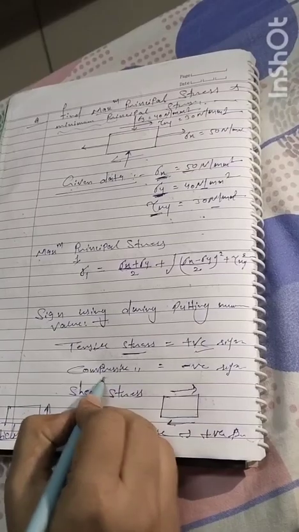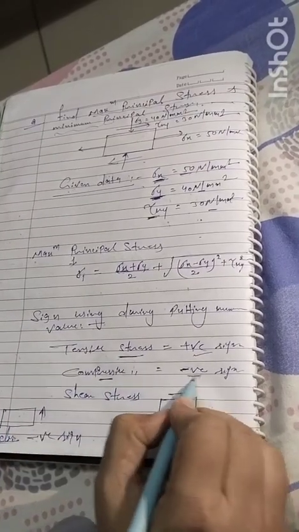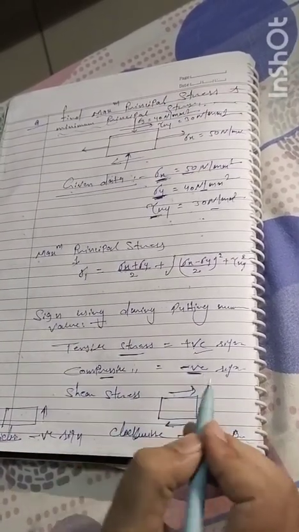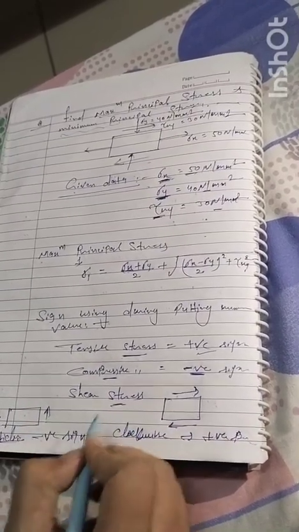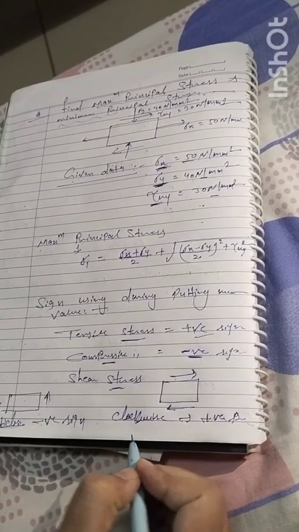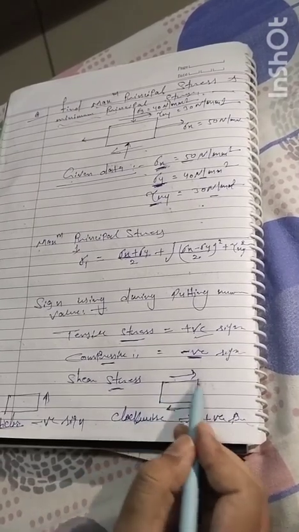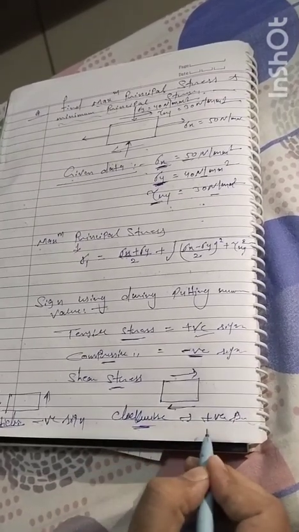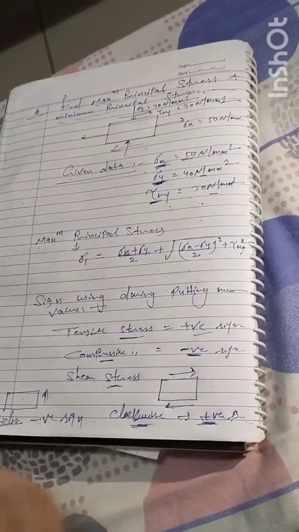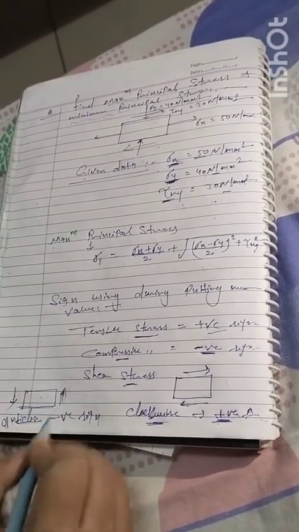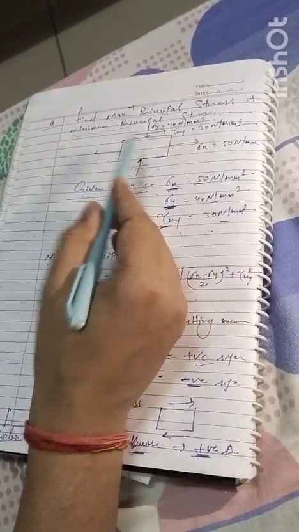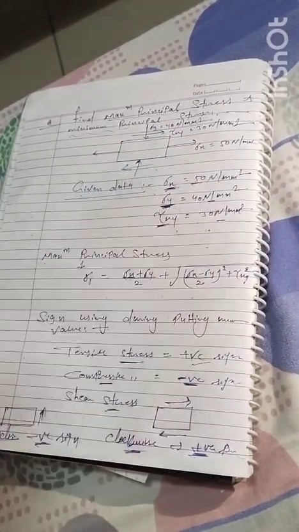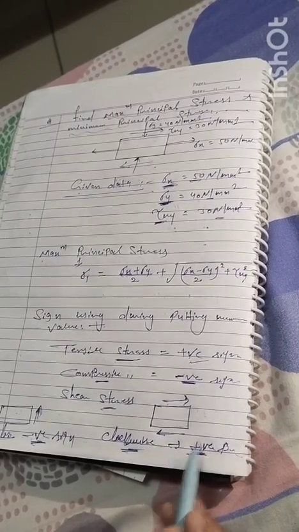If you are putting the value of compressive stress, you put the negative sign. And for shear stress, if the direction is clockwise, you take the positive sign; if anti-clockwise, you put the negative sign. So in this numerical, you can see your direction is clockwise, so you have to put the positive sign.